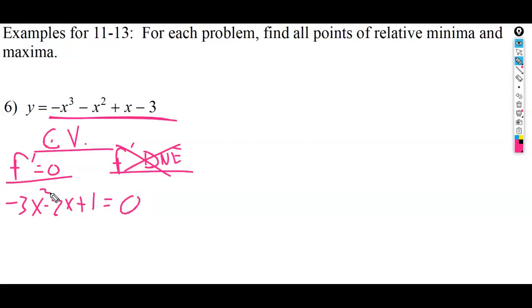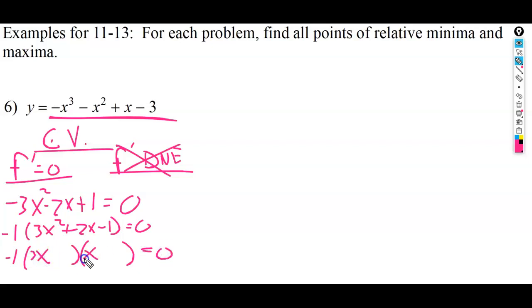My guess is that this one's going to factor okay. I'm going to start by taking out a negative 1. You don't have to do that, I just find that negatives confuse me a little bit when I'm trying to factor, so bear with me in my weaknesses. But 3x and x would make 3x squared, and then 1 and 1. I need one of those to be negative.